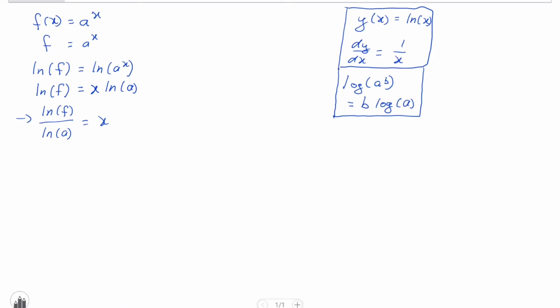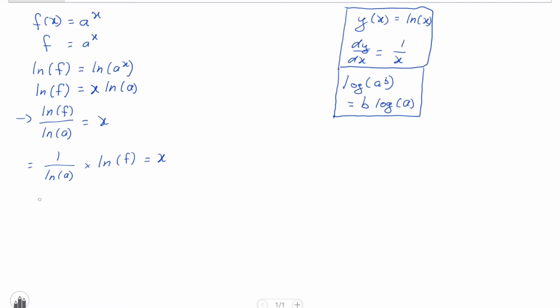So I'm going to, just for a moment, say that all of this is equal to 1 over natural log of a times my function natural log of f. And all of this is still equal to my value x. Now I can do something really clever.